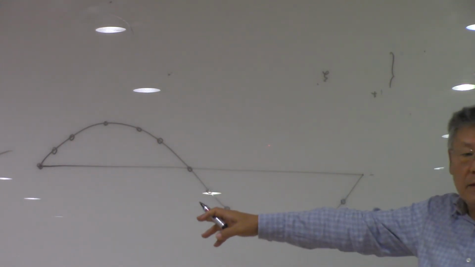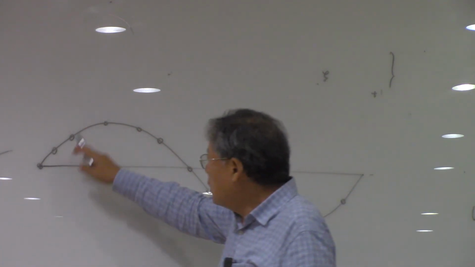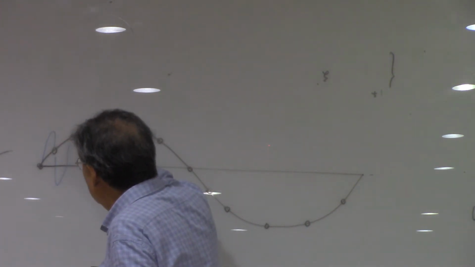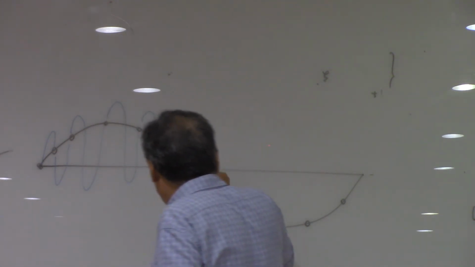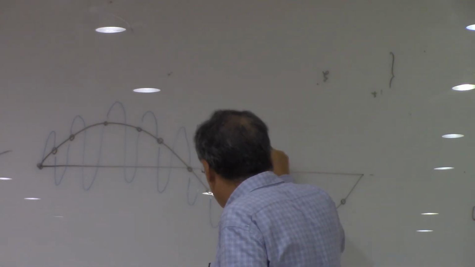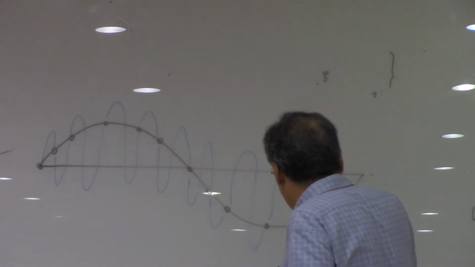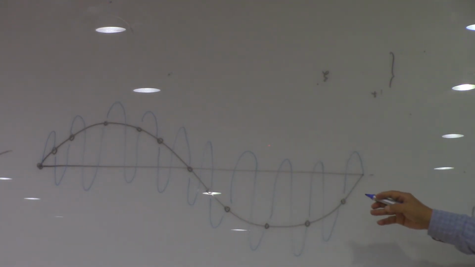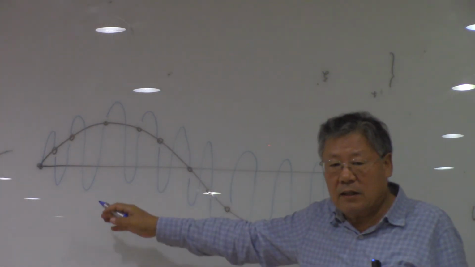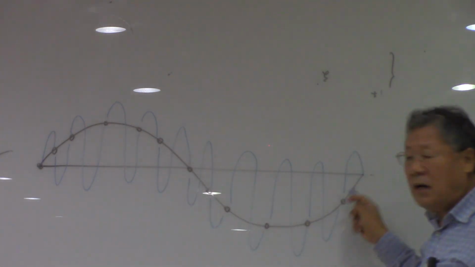But in this mathematics, we can say that this displacement can be expressed in other waves too. And that other wave, let's suppose we are going to use this wave to describe this, okay? And this blue wave, obviously, has a different wavelength to the black line.